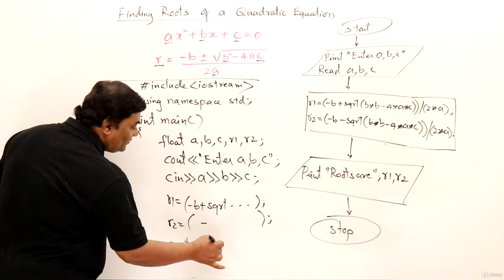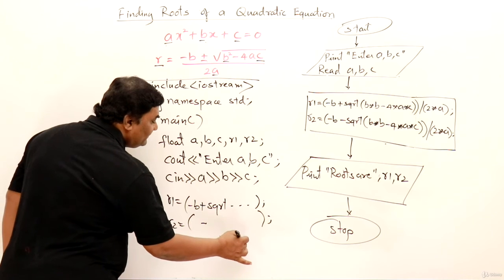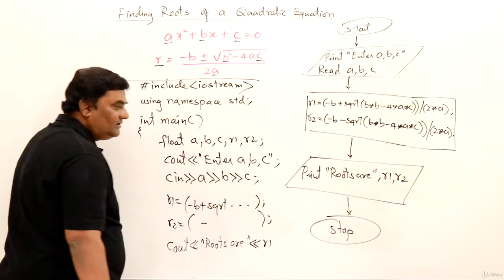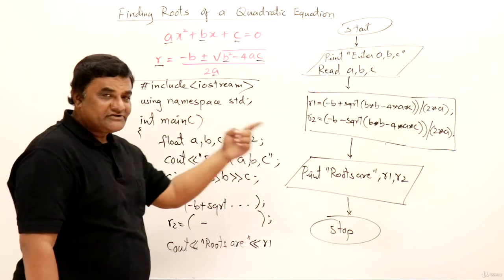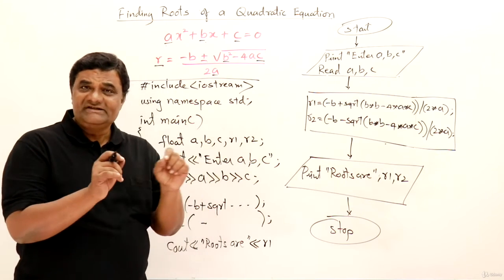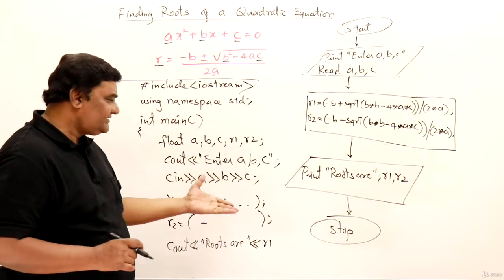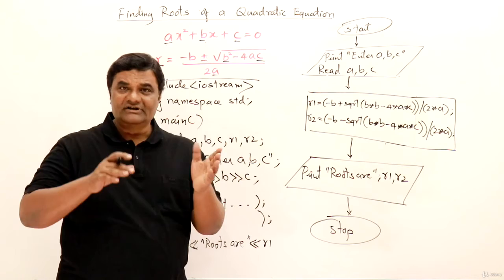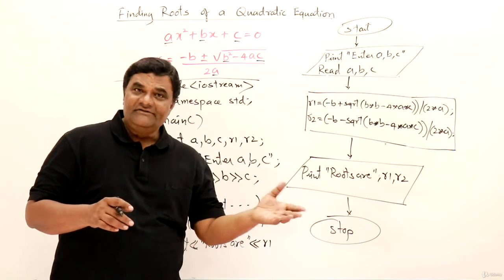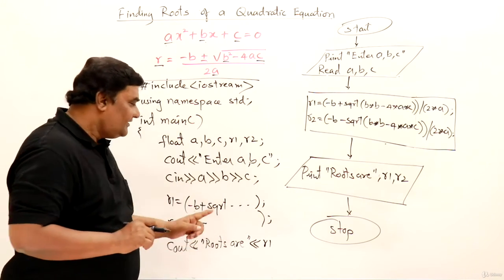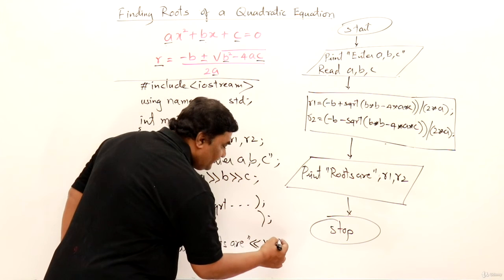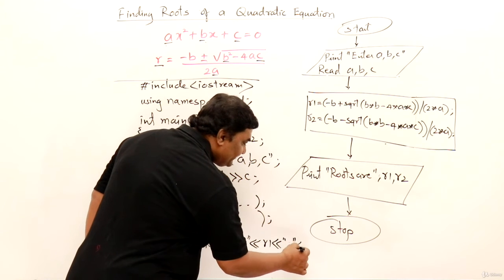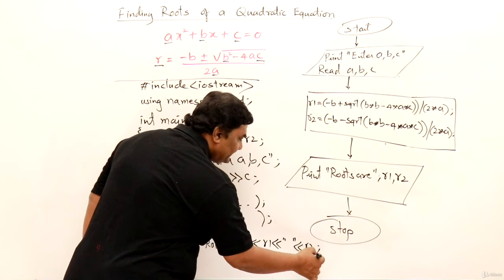I will say roots are, then the first root, then the second root. But there should be a space between the two values, because for the first time we are displaying two values. Suppose one value is 1 and the other is 5, there should be a space between them. So roots are, then for the space just give quotes with a blank space, then R2. That's it.